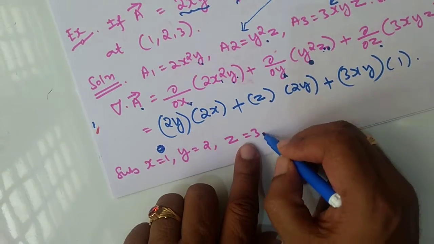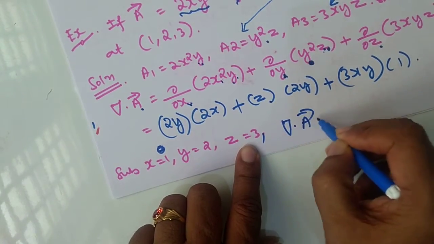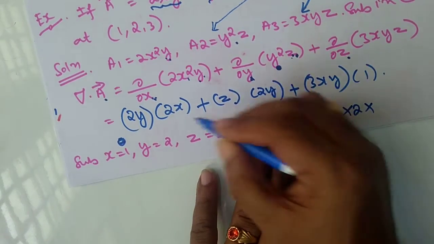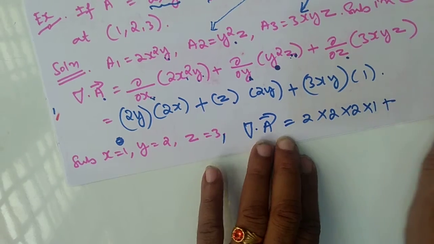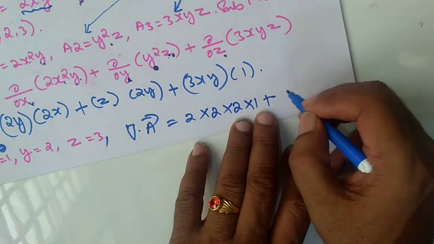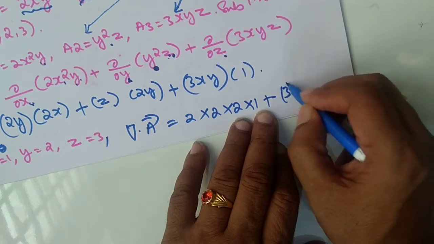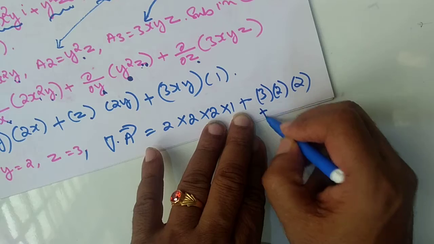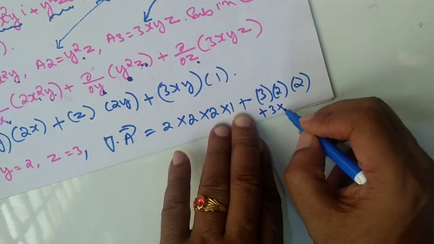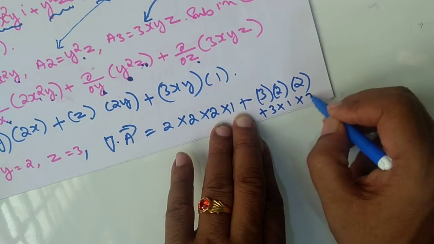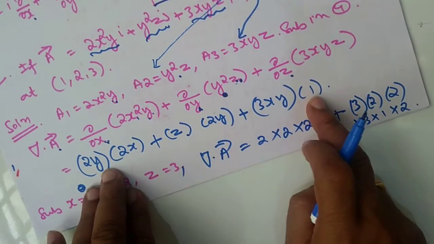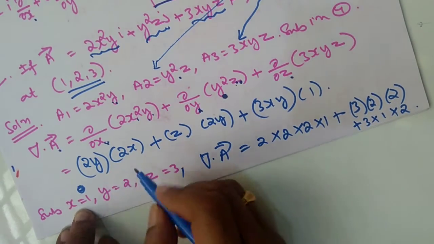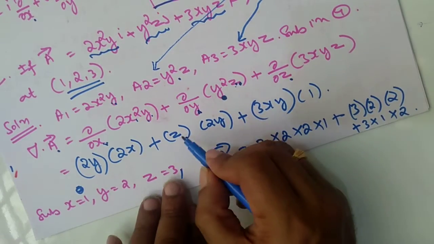So if I substitute this, del dot A becomes 2 into y is 2, into x is 1, plus z is 3 into 2 into y is 2, plus 3xy, 3 into x is 1 into y is 2. After partial differentiation, we want divergence at the point (1, 2, 3). So put y is equal to 2, x is equal to 1, and z is equal to 3.